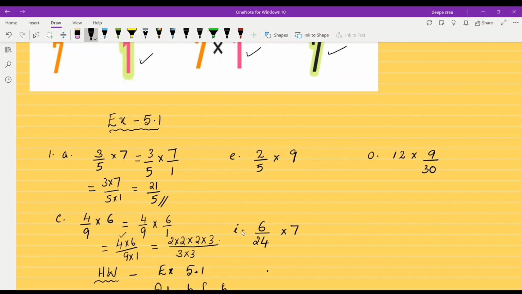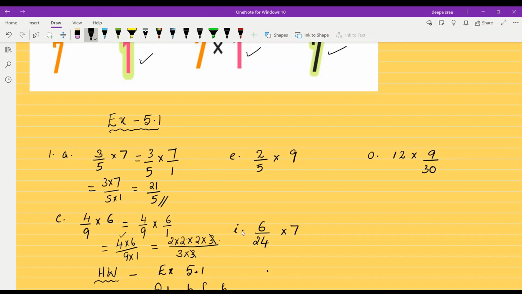In this way, if you follow, then you will not make mistakes. So the 3s we can cancel. There is no other 3, no other 2 in the numerator and denominator. You should do the cancellation between numerator and denominator.